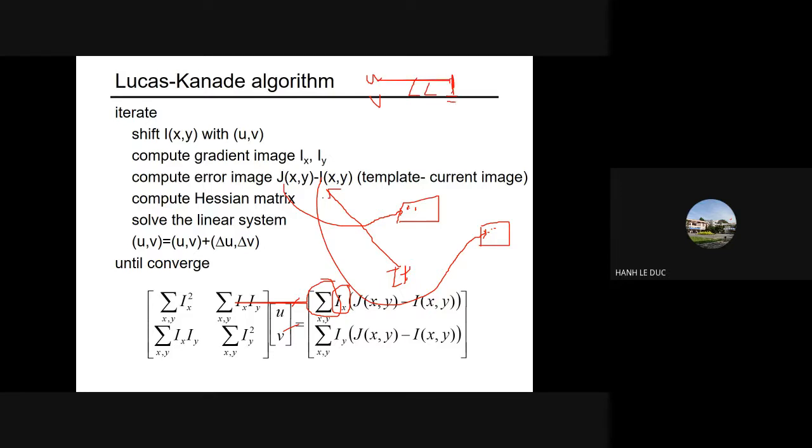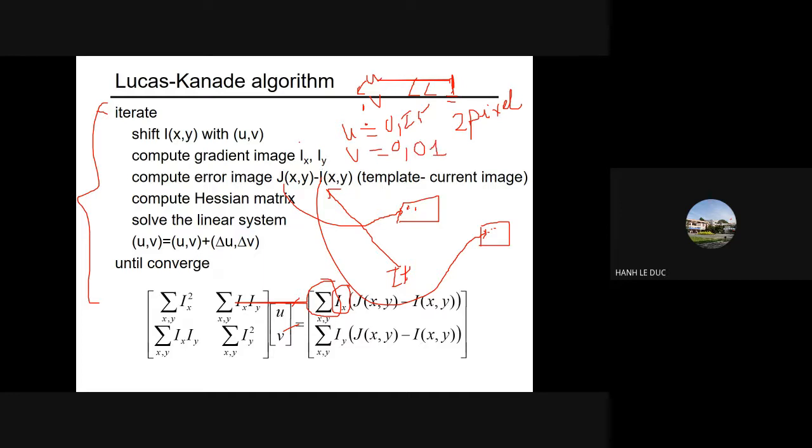Smaller than 1. So when you calculate, the result of U and V must be iterated. For example, the point moves 2 pixels, so U and V will iterate step by step. For example, you calculate U equal to 0.25 and V equal to 0.01.